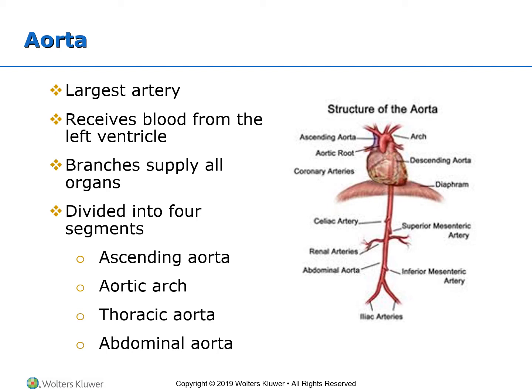From the level where it starts in the left ventricle up to the point where it starts to curve, we call that part the ascending aorta. It ascends, it lifts itself up. And the beginning of this part is included in the pericardial sac.